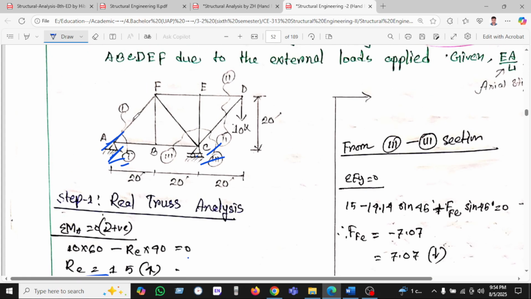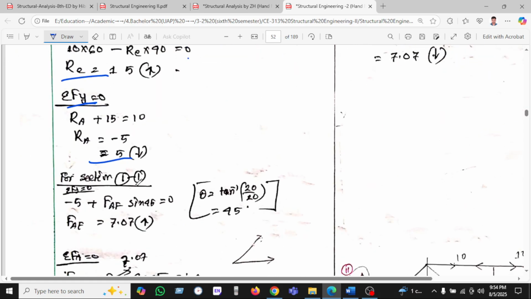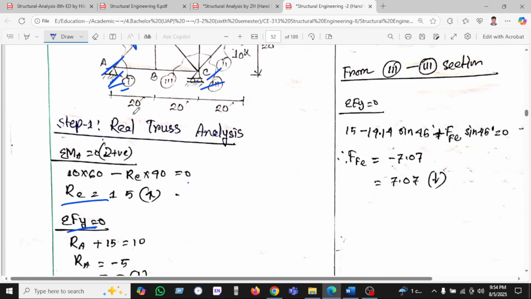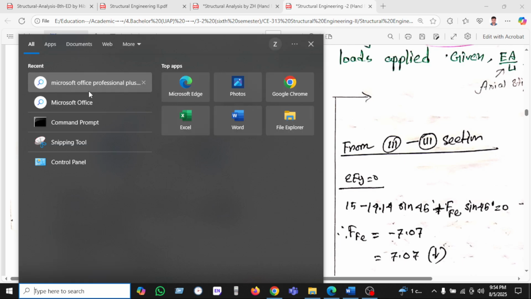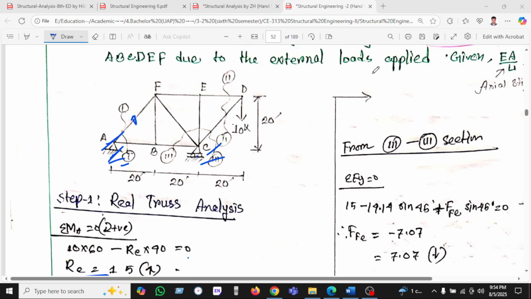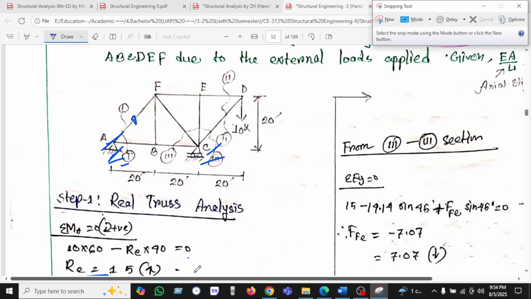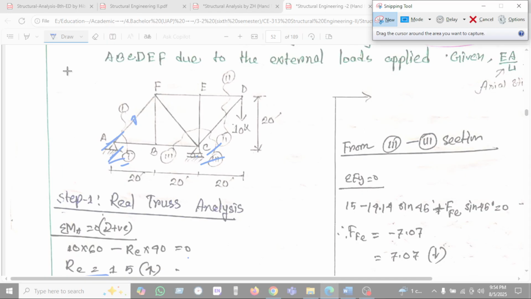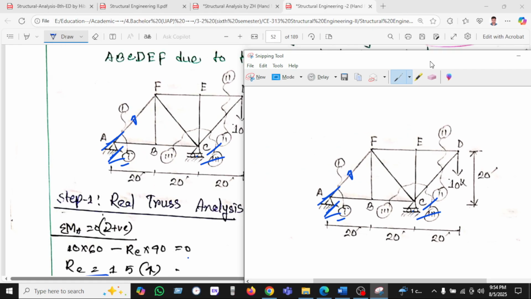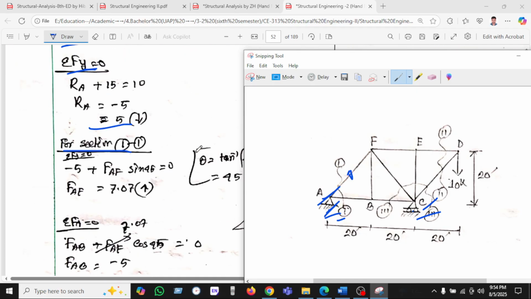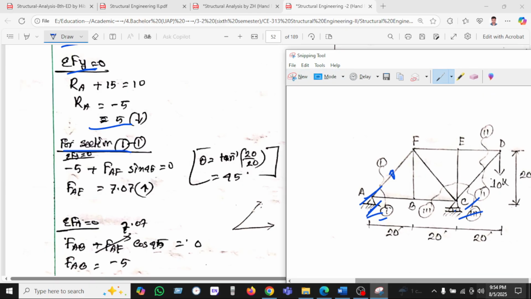Now how will we calculate these member forces? If we draw a section here, taking section 1-1, this is the section 1-1 we are taking on the right side.